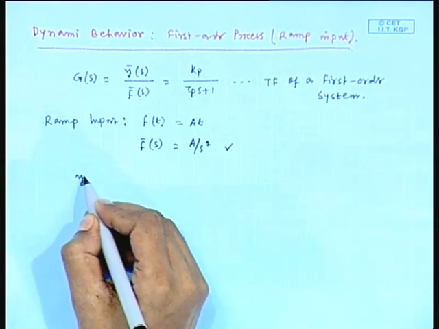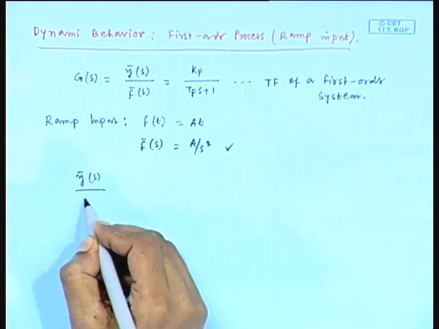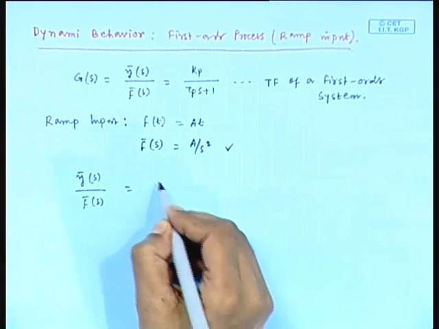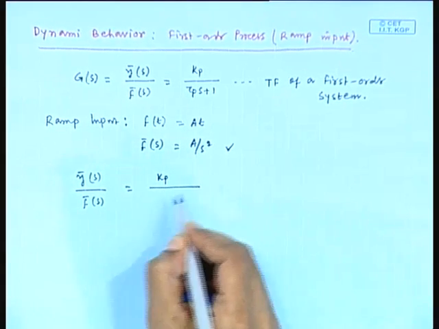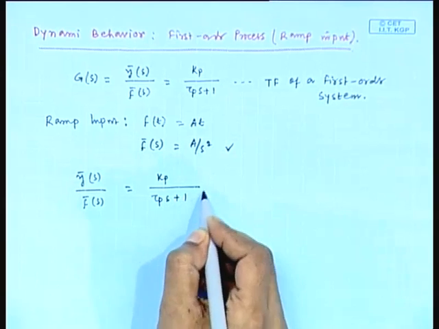Now, our transfer function is y(s) divided by f bar s equal to Kp divided by tau p s plus 1.